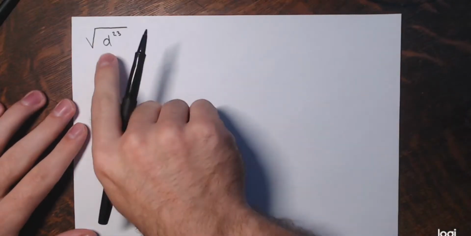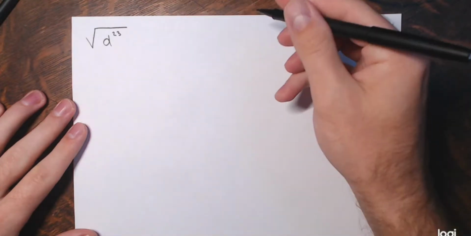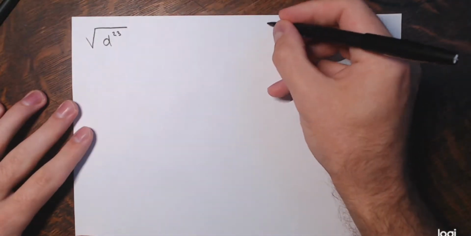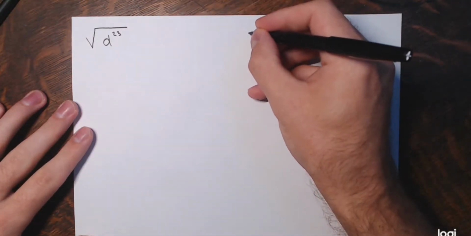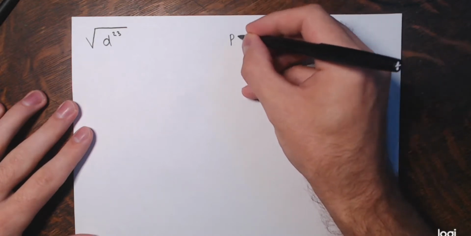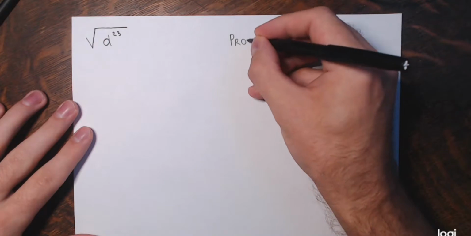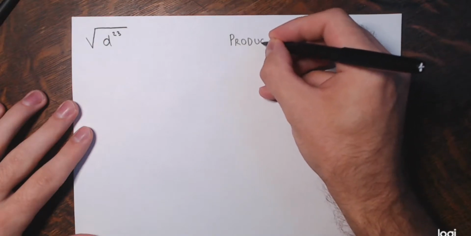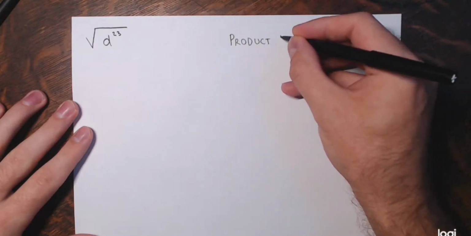First we're asked to simplify, and we're going to be using what's called the product property for radicals. I'll write out this product property over here.